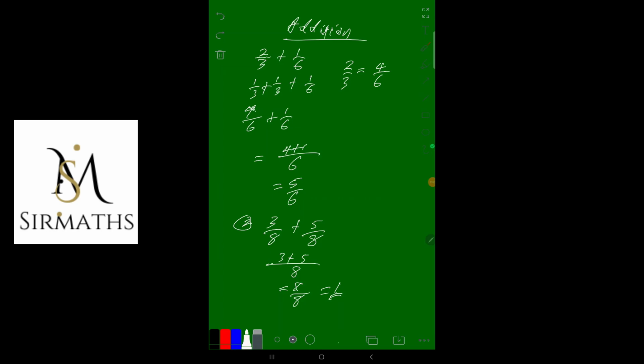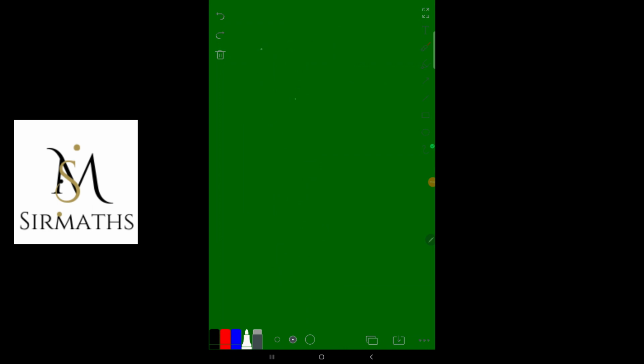Another way of solving the previous example, where the denominators are not the same, is to use what we call the LCM. We can solve the previous question using the LCM, and that is this way. We had 2 over 3 plus 1 over 6. We ask ourselves, what is the LCM of the denominators 3 and 6? The LCM of 3 and 6 is 6, because 3 can divide 6 without a remainder, and 6 can divide 6 without a remainder.